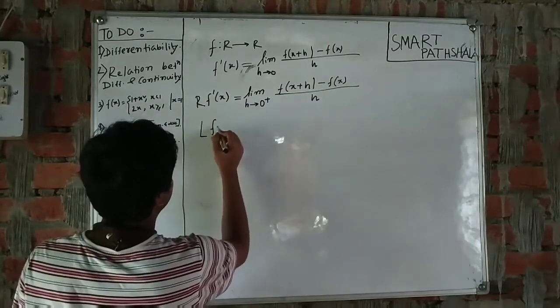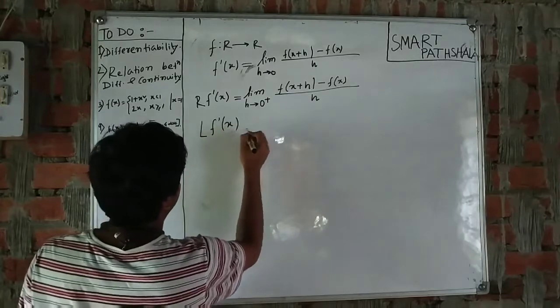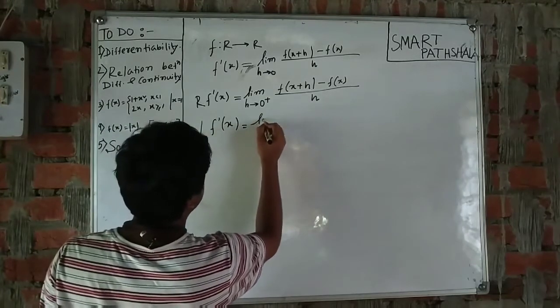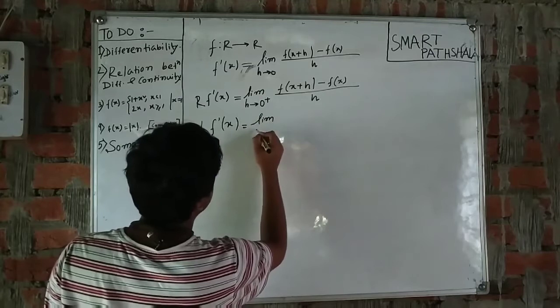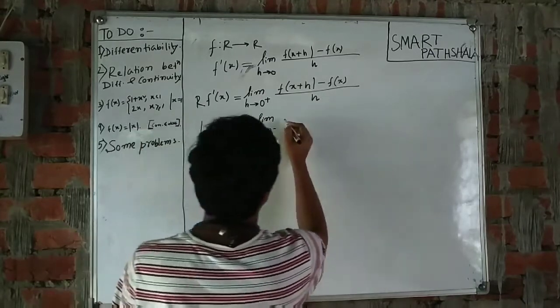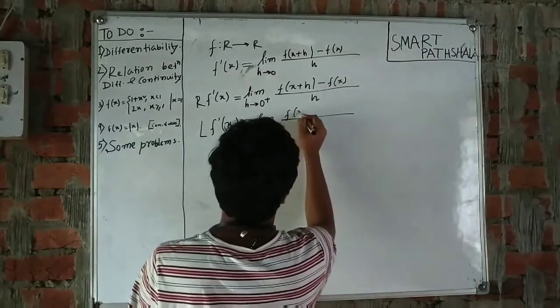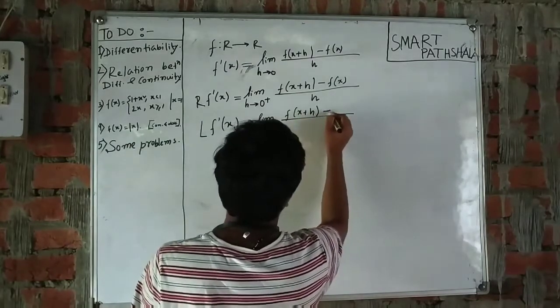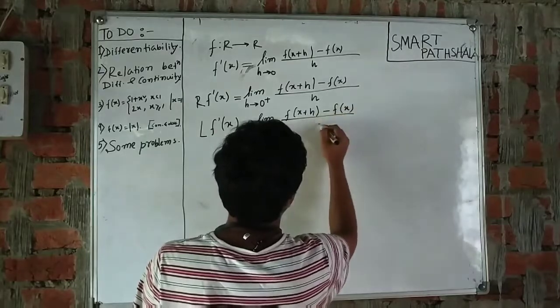Similarly, the left-hand derivative is written as limit h tends to 0 minus of f of x plus h minus f of x by h.